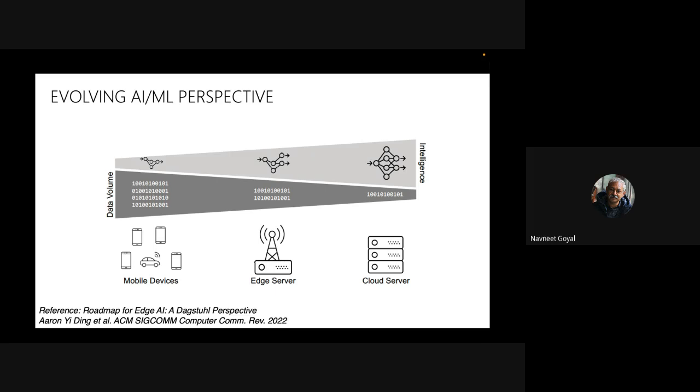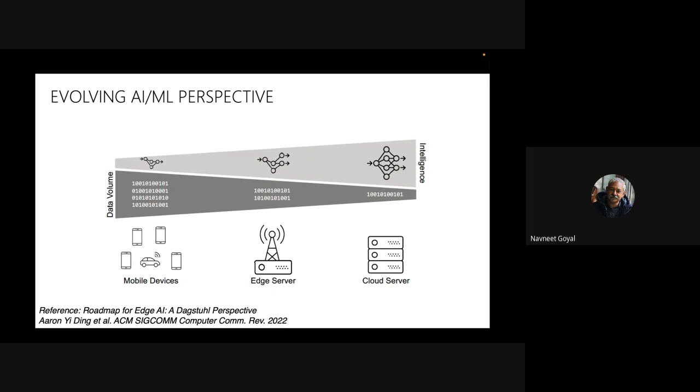So the challenge here is where we want to be. Right now we are showing you just three options: you could be at the mobile device, at the cloud server, or at the edge server. Now the thing that is evolving is whether we can have something in between these layers, between the mobile device and the edge servers, or between the edge servers and the cloud servers.